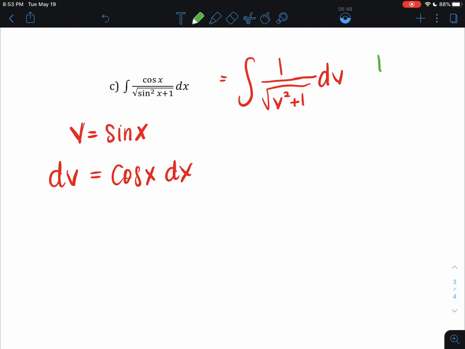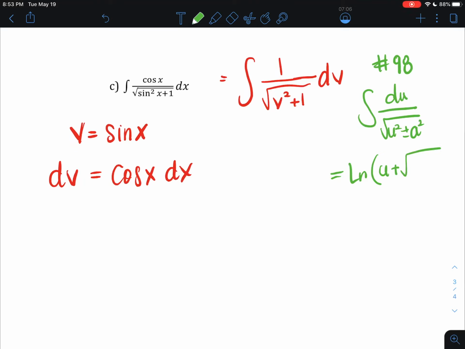I hope you're telling me number 98. And 98 says the integral of du over the square root of u squared plus or minus a squared is going to equal the natural log of u plus the square root of u squared plus or minus a squared plus c.